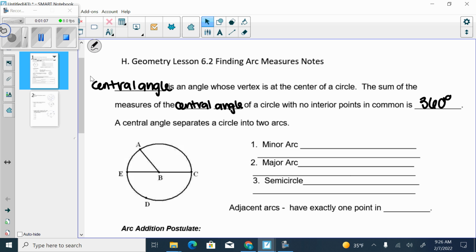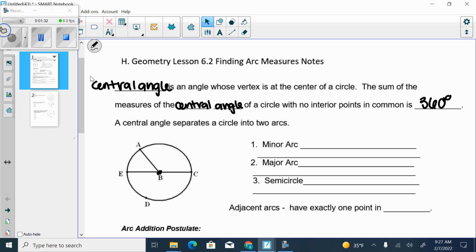What they're saying is if you have a circle with a center B and it's not cut into any pieces, all the way around is 360 degrees. A central angle separates a circle into two arcs. So it's going to split it into more than just that one big circle. So you can have different types of arcs.